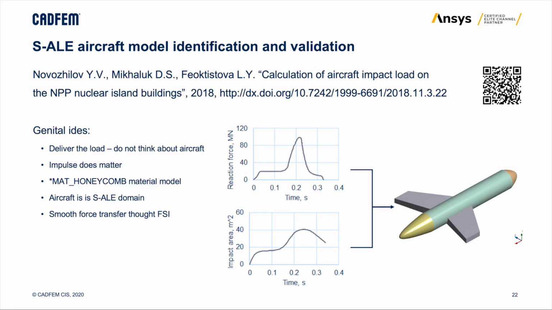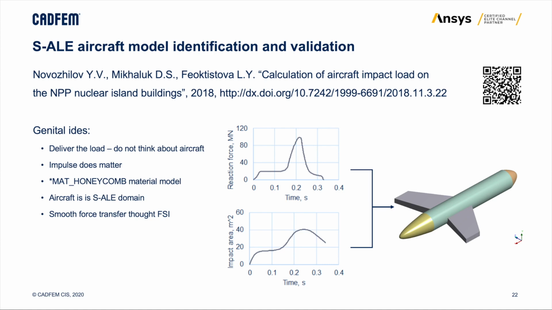With this in mind, we developed our own procedure to generate and calibrate a material model and aircraft model to apply the load. Our main idea of model development: we need to deliver the load, not think about the aircraft. So we decided to transfer the maximum load through impulse.